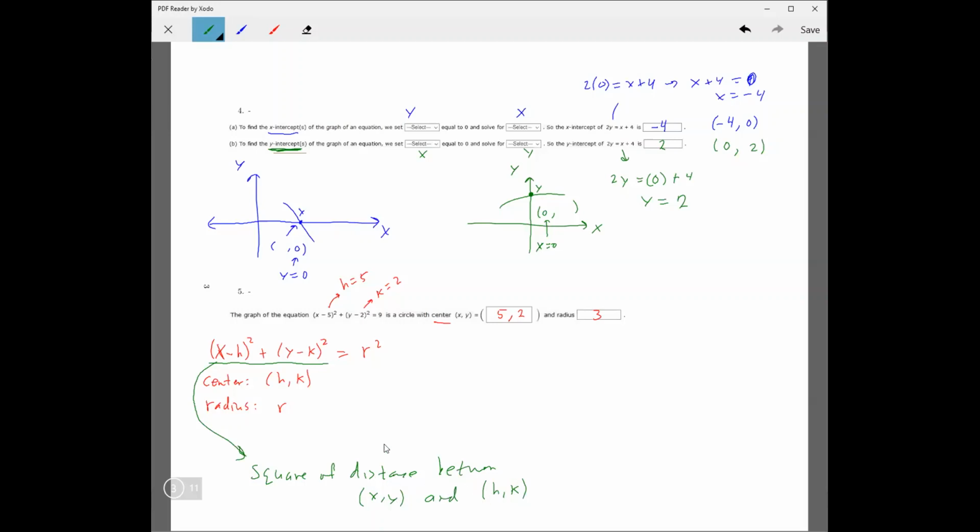Because you get this one minus that one squared plus that one minus that one squared, or it could be the other way around. It's the x component squared and the y component squared. And then here, the radius is squared. So that's why this equation of the circle is that way.